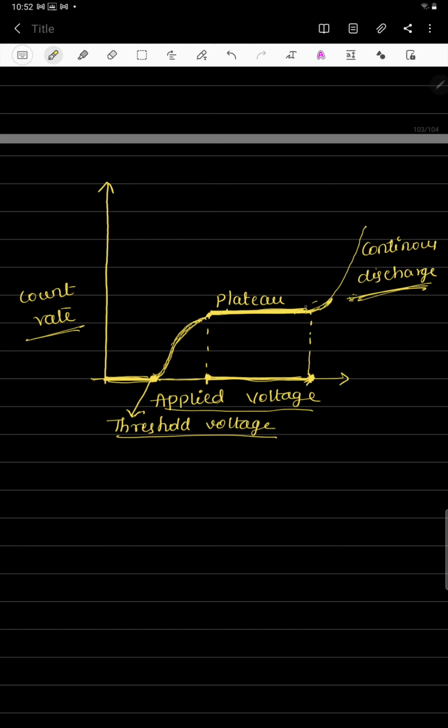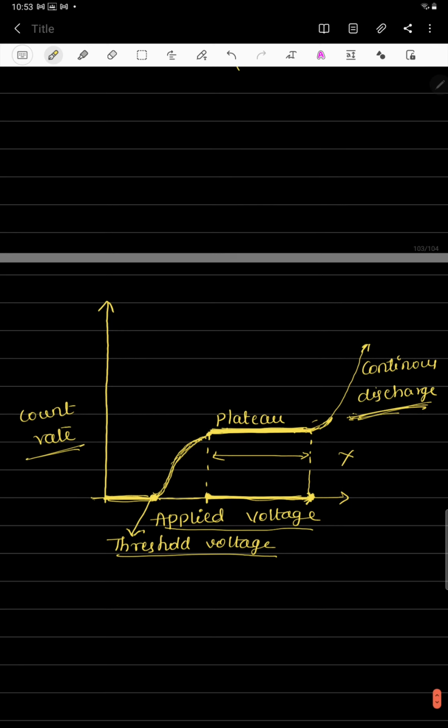If you increase further, continuous discharge takes place even when there is no ionizing particle, and then it will give counts, but we don't want this. So the GM counter is best operated within this region, and this is called the operating voltage of the GM counter. This is what we use as the plateau region.